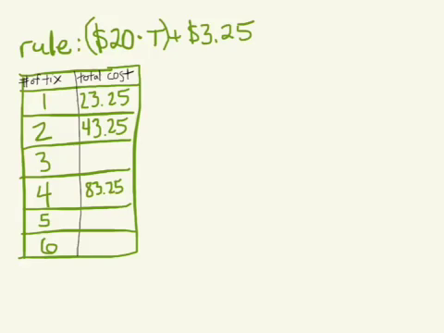If my friend bought 3 tickets, that means that 3 is the value of T. So $20 times the 3 tickets would be 60, plus that Ticketmaster charge of $3.25. 5 tickets, 20 times 5 is 100, plus $3.25. And 6 tickets would be $20 more than that, which would be $120.25. So this makes a really nice setup of basically coordinates for a graph, so that you could have a graph of how much those different ticket prices would cost you.